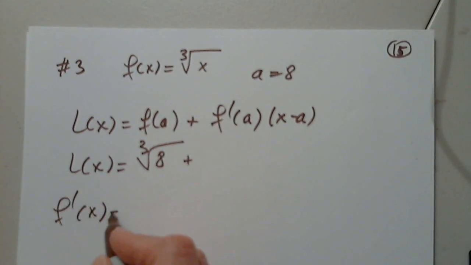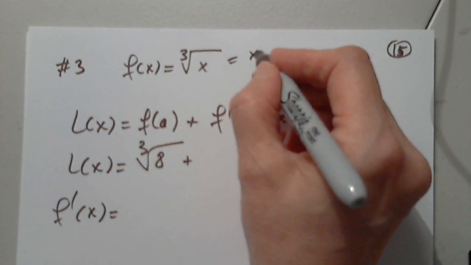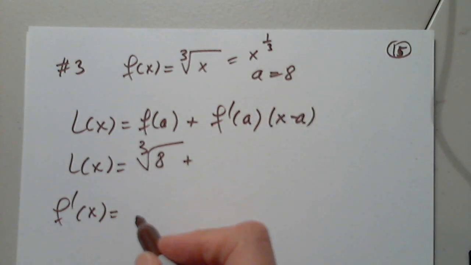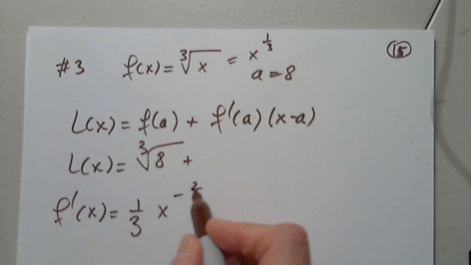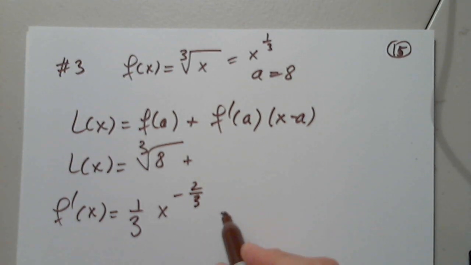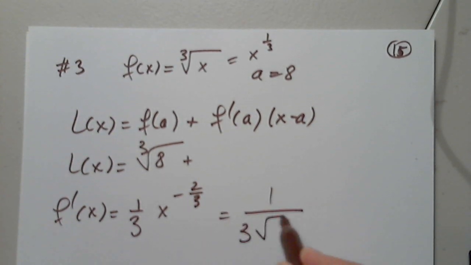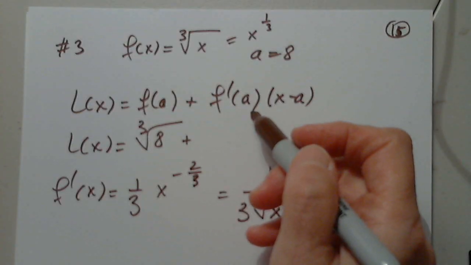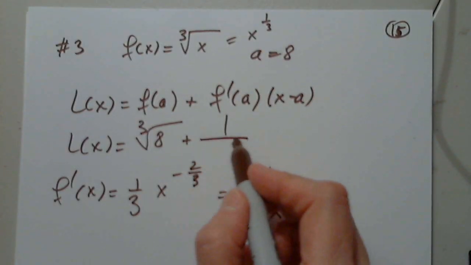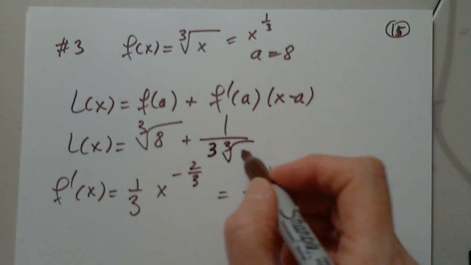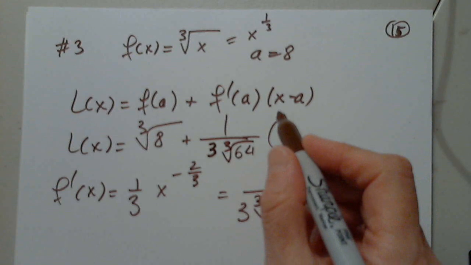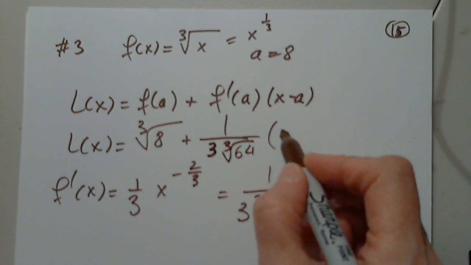So f prime of x, remember this is x to the 1/3, so 1/3 in front, and x to the 1/3 minus 1, which is negative 2/3, or 1/3 the cube root of x squared. So I have it right here, plus 1/3 the cube root of 64 times x minus 8.